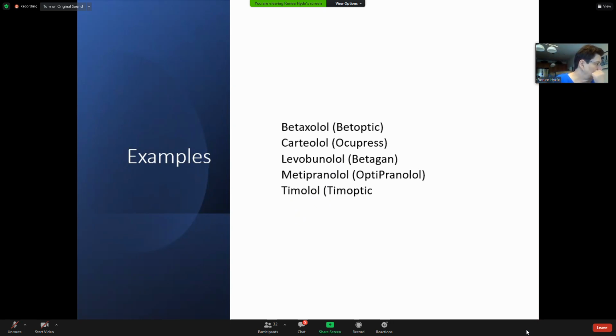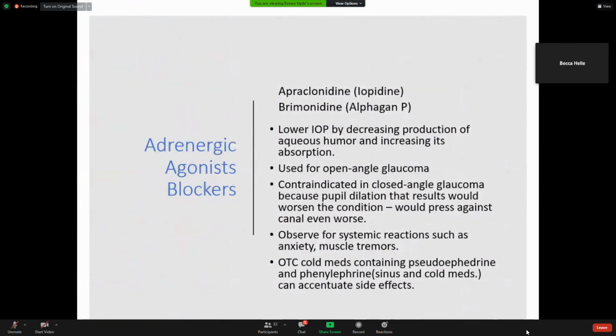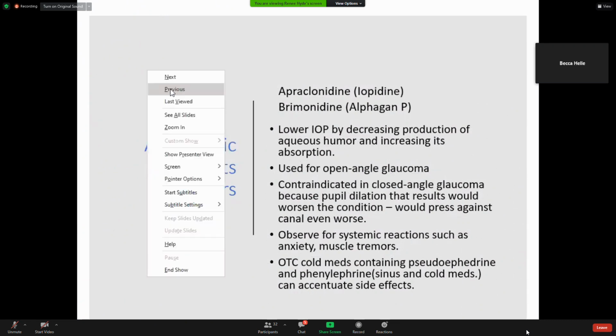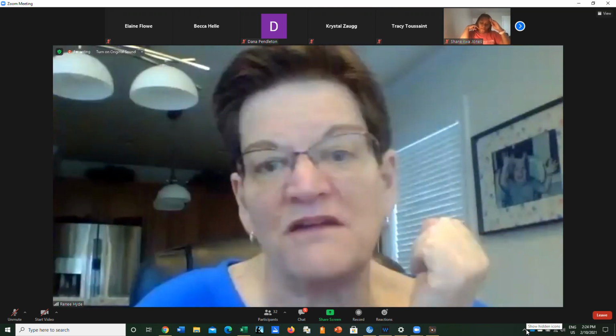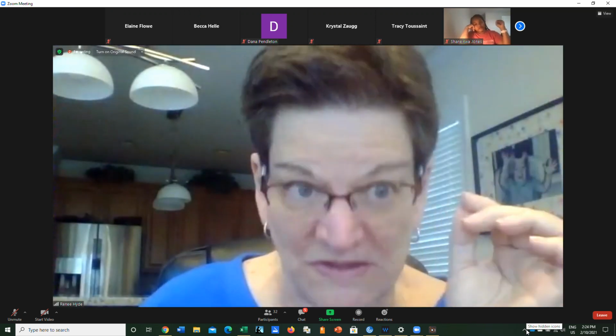So with this medication, you're saying when you're administering it, isn't this where you apply the pressure on the inner canthus? That is exactly what my next point was going to be.